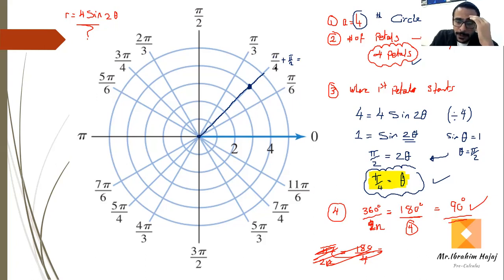It's 2 pi over 8 plus 4 pi over 8, which is 6 pi over 8, and dividing by 2 gives 3 pi over 4.